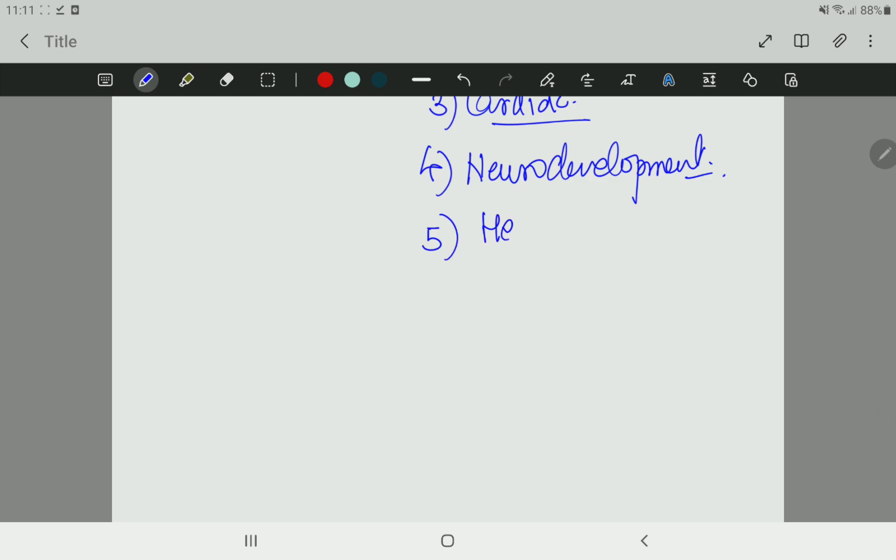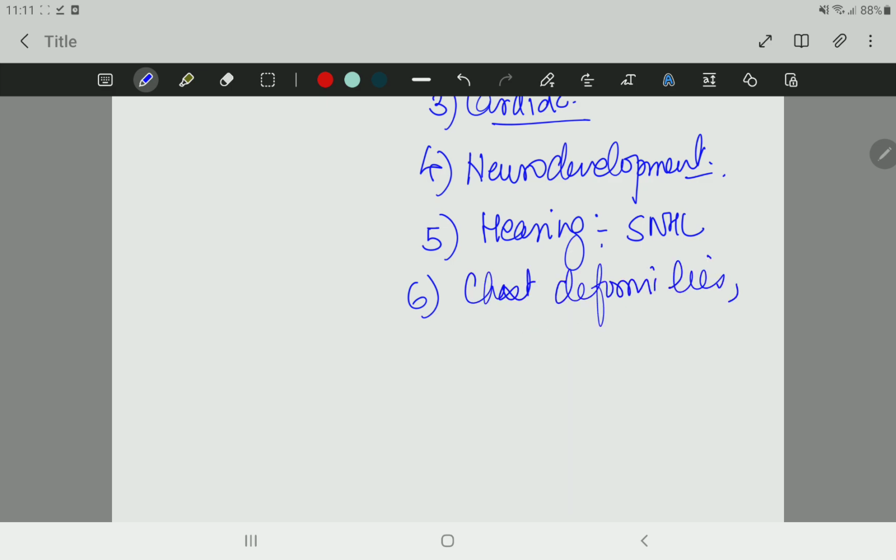In hearing, SNHL can be there, and chest deformities along with growth scoliosis can be seen. So this is the overall management algorithm for a neonate born with congenital diaphragmatic hernia after birth.